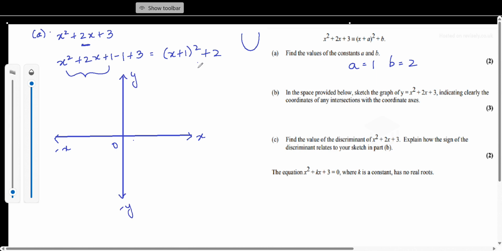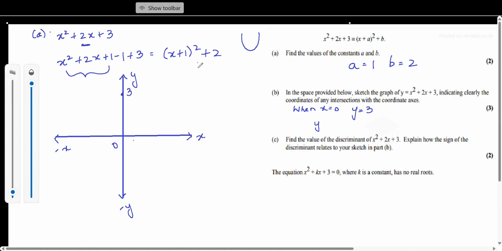Now, to sketch any curve, be it linear, quadratic, cubic, we have to know the x and y intercepts. X-intercept you get by making y 0, y-intercept you get by making x 0. When we put x 0, clearly y equal to 3 is the y-intercept.